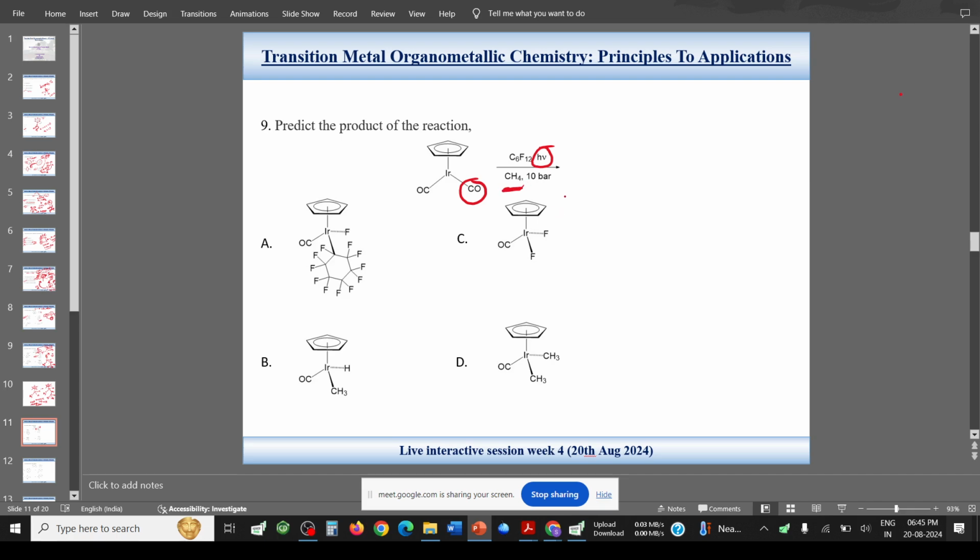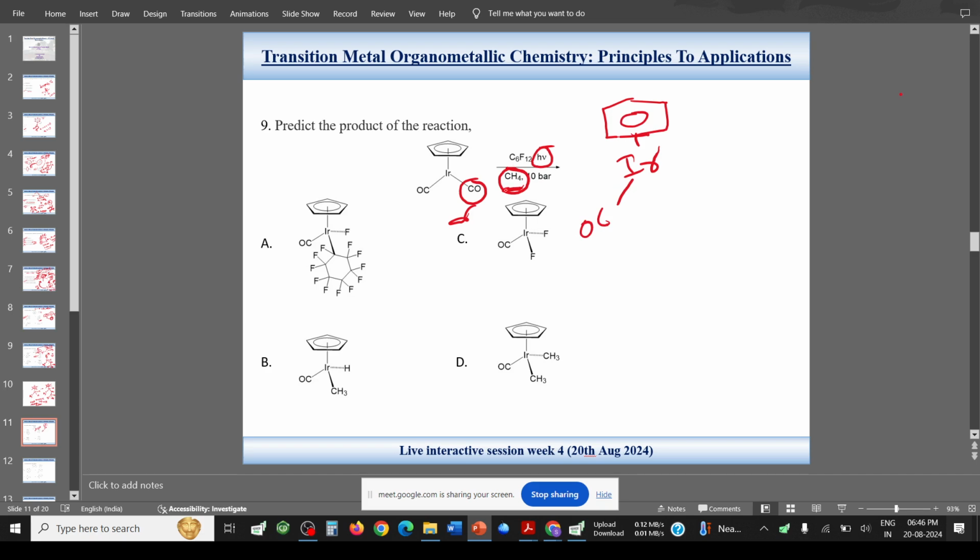So it will undergo the same CH activation reaction, and then it will form the sigma alkyl complex. So first this carbonyl will leave, and then it will undergo the CH activation reaction with the methane, and that will give our desired product.